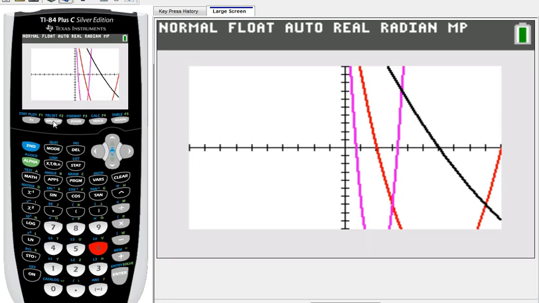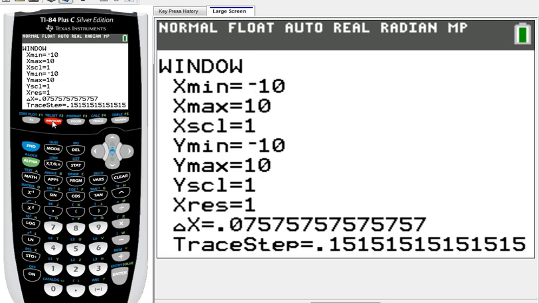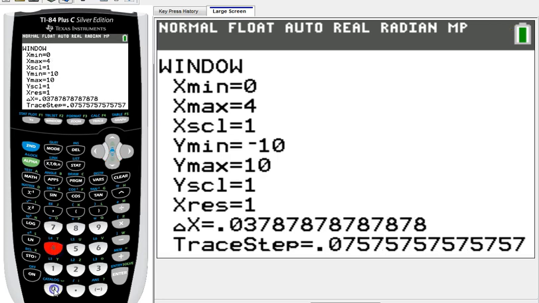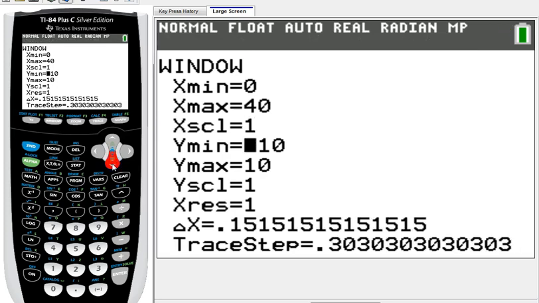So let's go for our window range. Let's go between 0 and 40 for x, and then the y's, let's go with negative 20 to positive 10, should be fine. And so we'll just hit graph here.